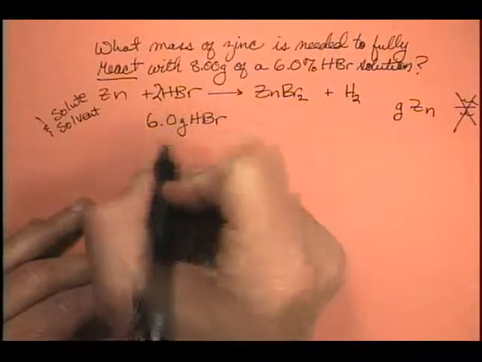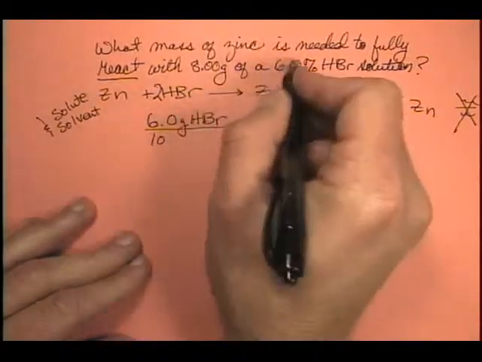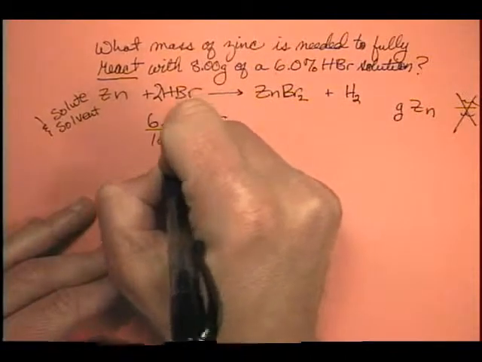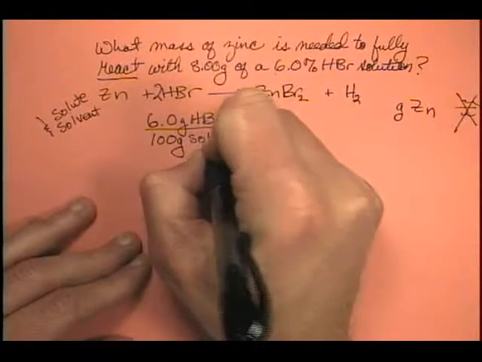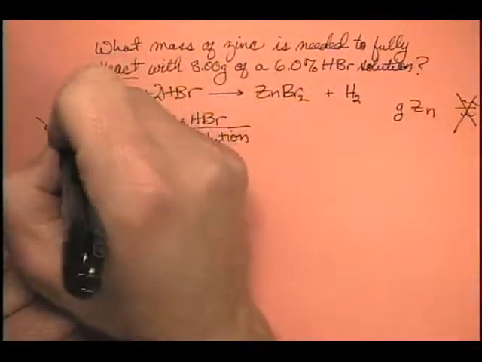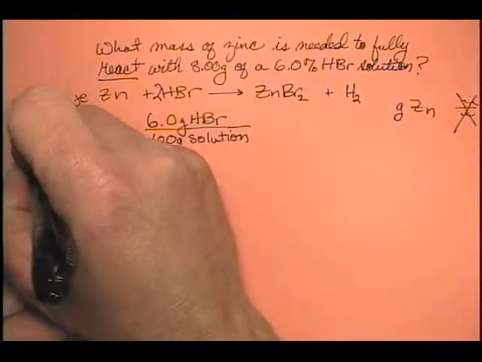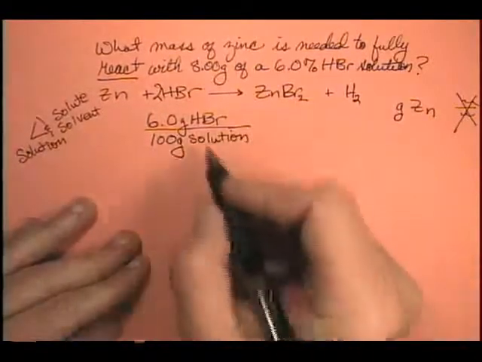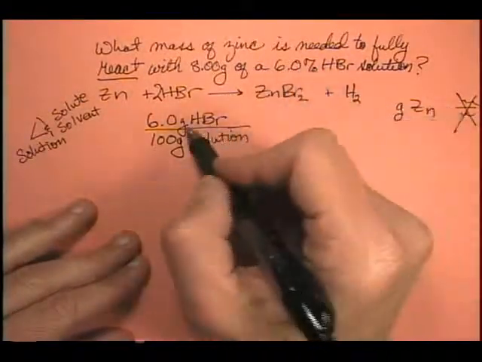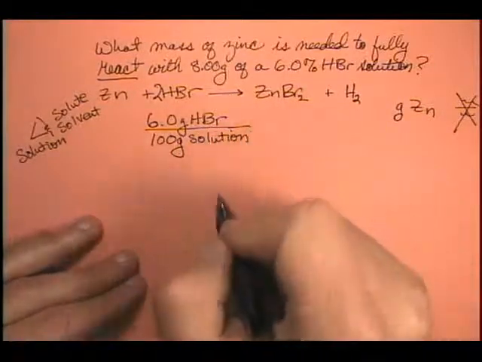So remember, it's the mass of solute divided by 100 grams of solution, the whole thing. Remember, solvent and solute come together and they make the solution. Alright, so this is actually a conversion factor, something per something here. 6 grams of HBr per 100 grams of solution. So I'm not going to start with that.